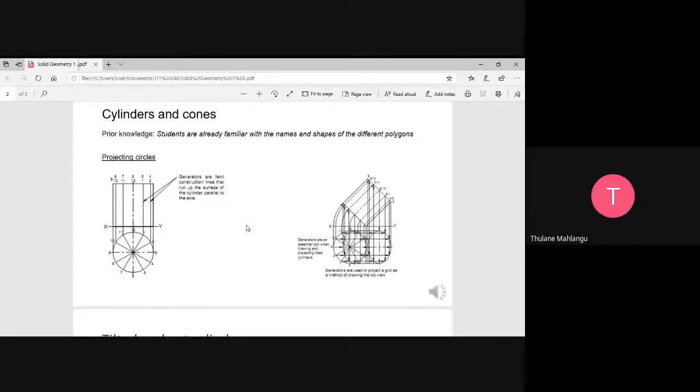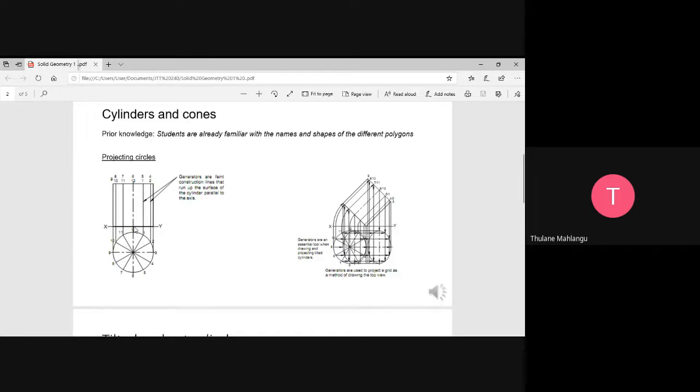Cylinders are not polygons or regular geometrical shapes. Dealing with cylinders, the first thing you need to do when you come across a circle or a cylinder is divide the circumference of the circle into 12 equal segments.